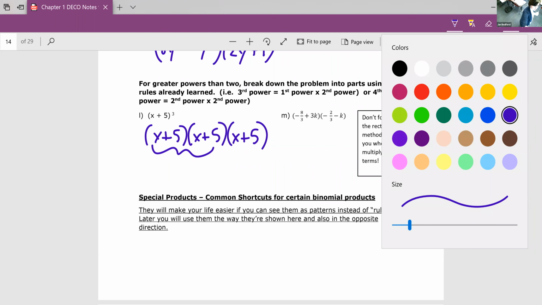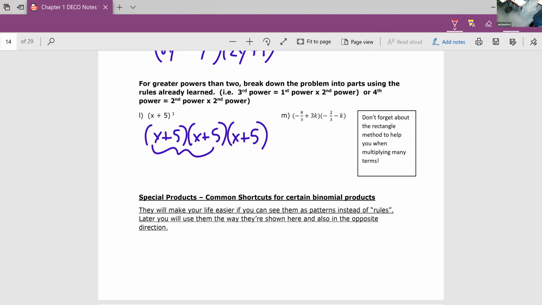If you were using FOIL, just on these two, first times first is x squared, right? Outer times outer, what's x times 5? 5x. So I'd have a plus 5x. Inner times inner is another plus 5x.